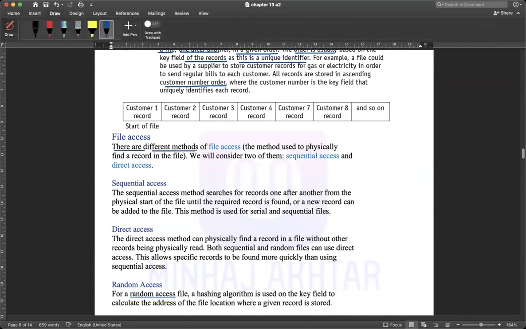There are different methods of file access: the method used to physically find a record in a file. This time, we are going to look for the file. Like if I said, in your laptop, I need the chapter number 13 A2 notes. You would say, sir, okay, I will check my folders and get back to you.